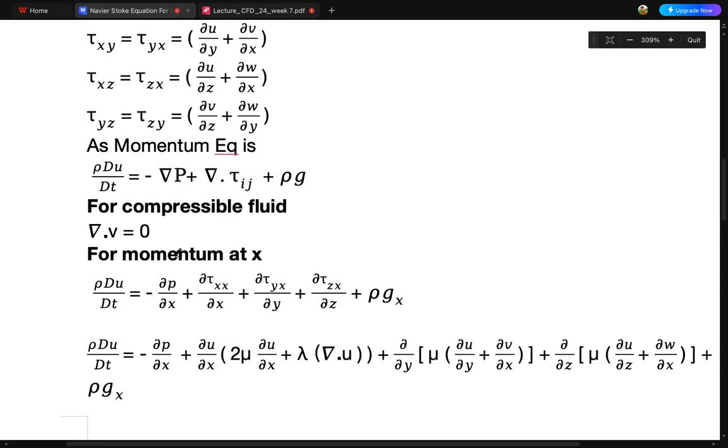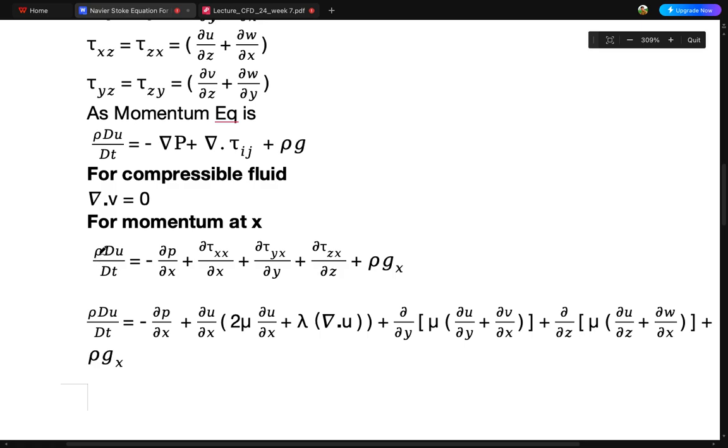We can write it as rho Du upon Dt, which is equal to, for the x-axis, minus partial p upon partial x, plus the stress terms for the x-axis, plus rho gx.